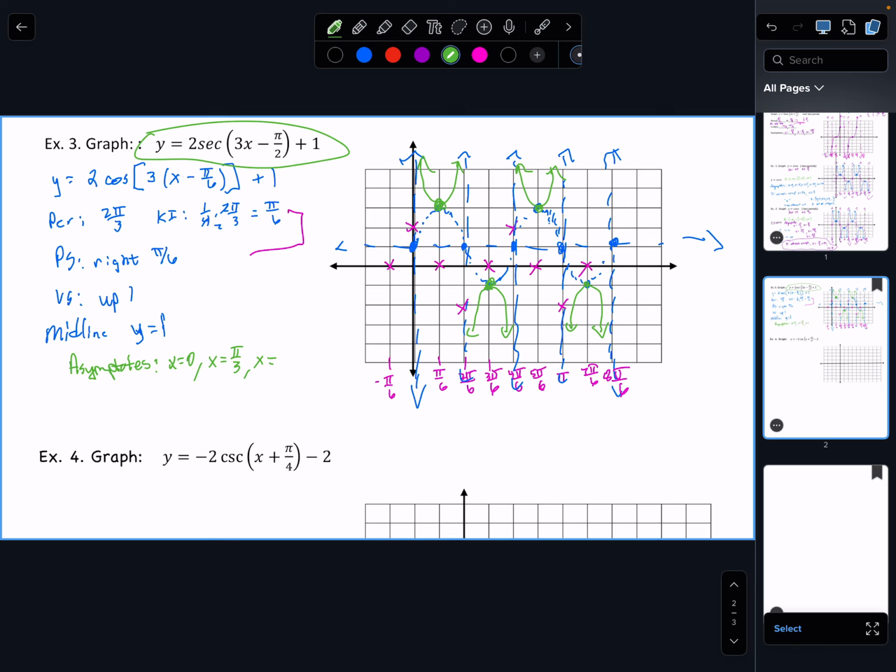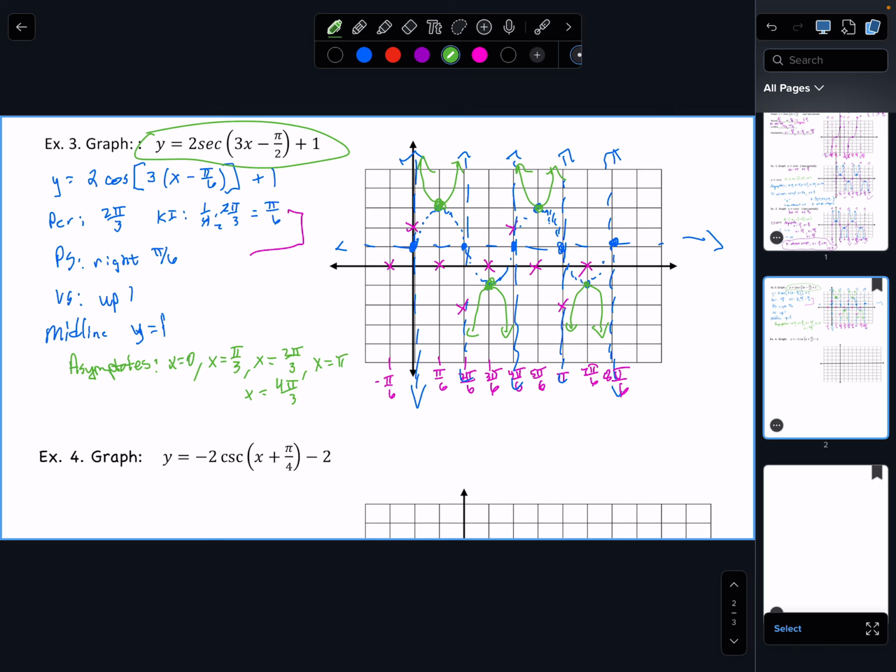And let's see, 4 pi 6, which is 2 pi thirds. And at pi. And at 4 pi thirds. The distance between them should be half of your period. And half your period is pi thirds, so you're going by pi thirds.